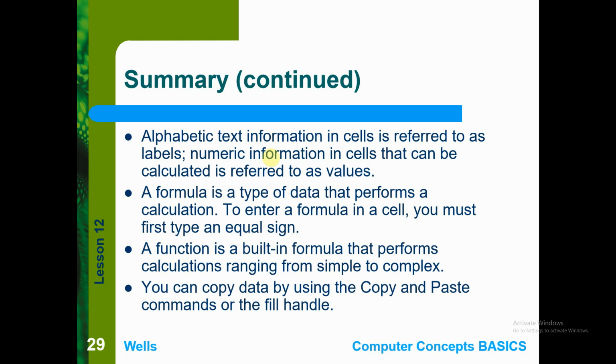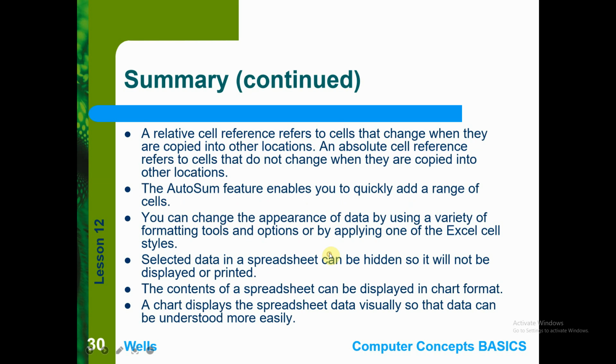Then a formula is a type of data that performs calculation. You must enter first the equal sign, then you type in the formula that you want for that cell to perform. Then we define again a function as a built-in formula that performs calculations from simple to complex, and using copy and paste commands for copying data or the fill handle.